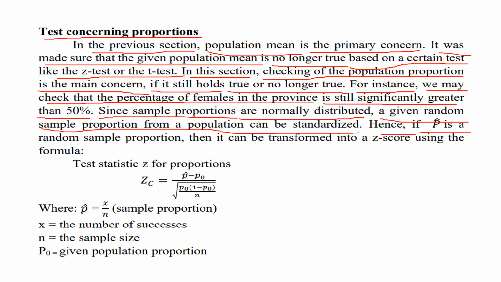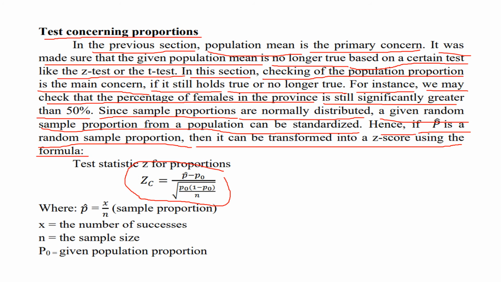Hence, if p hat is a random sample proportion, then it can be transformed into a Z-score using the formula: Z is equal to p hat minus p0, all over the square root of p0 times 1 minus p0, close parentheses, over n, or your sample size. So p0 plus q0 must be equal to 1. You need to take note of that.